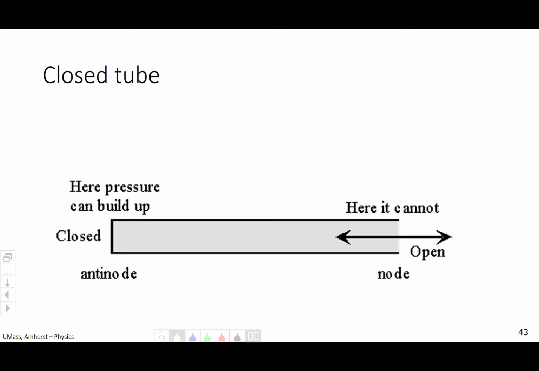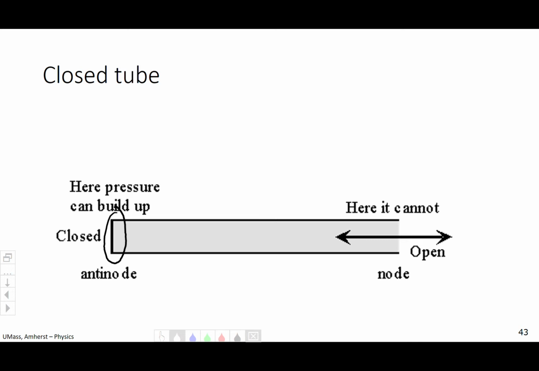So for a closed tube, we can get resonances as well. At the closed end, say you have a speaker that you are driving, you are pushing air into that speaker, you can get pressure that builds up.